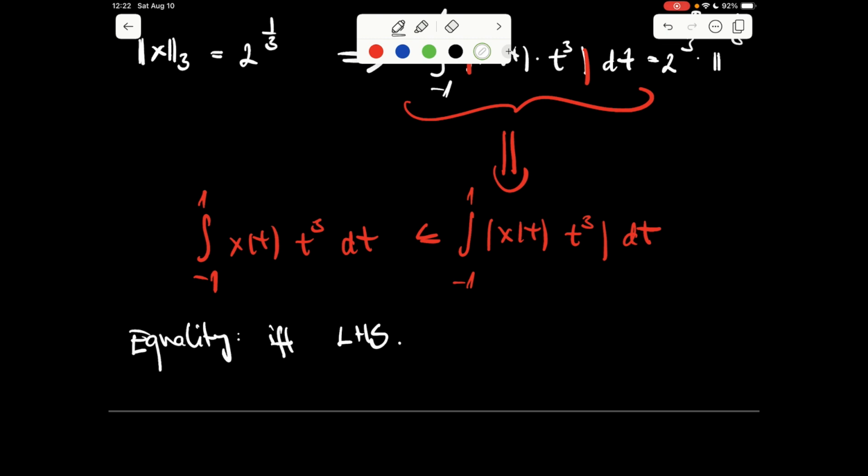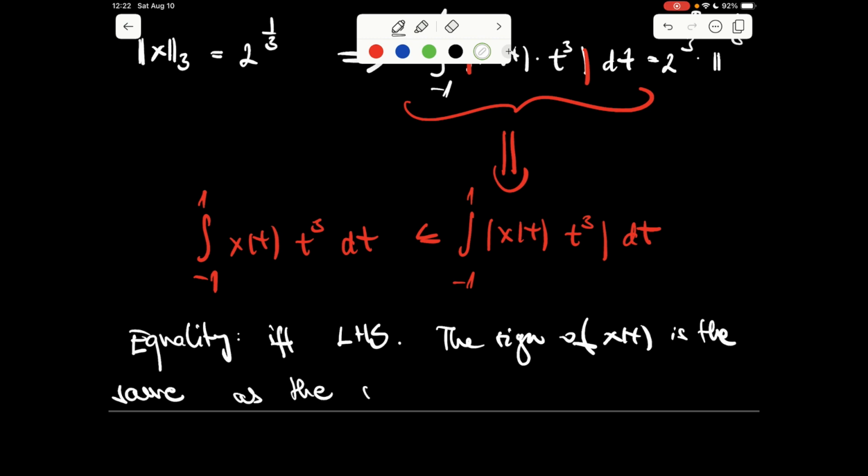So the sign of xt is the same as the sign of t cubed, eventually as the sign of t.